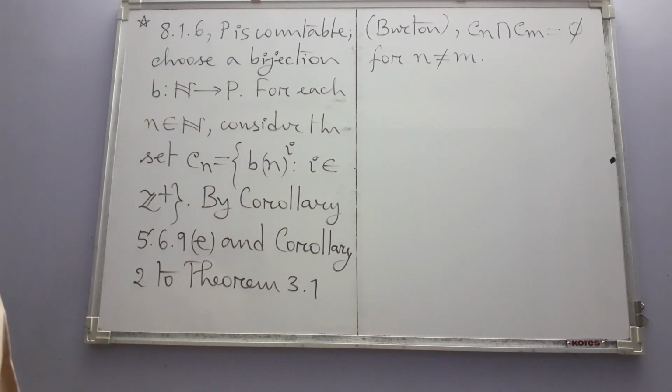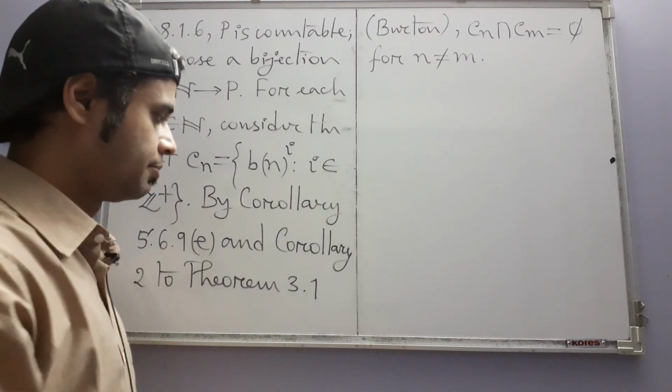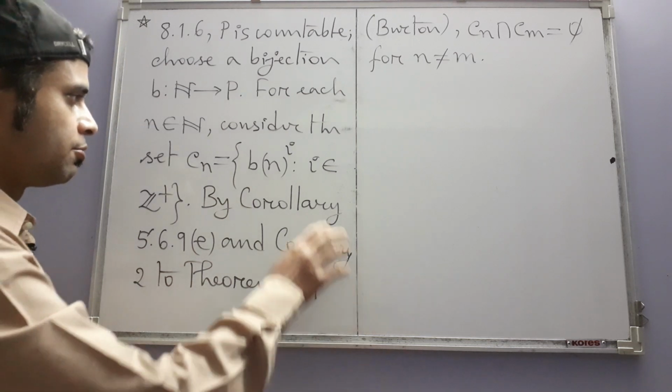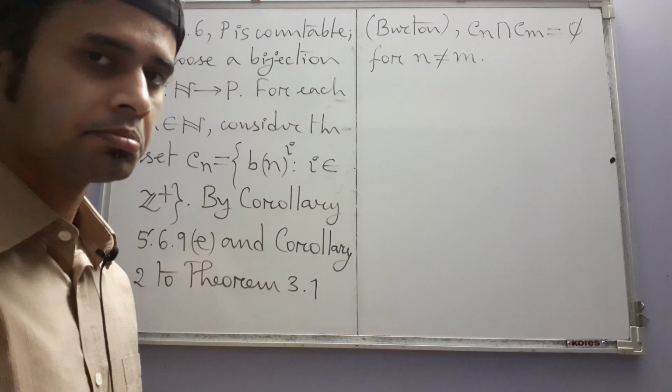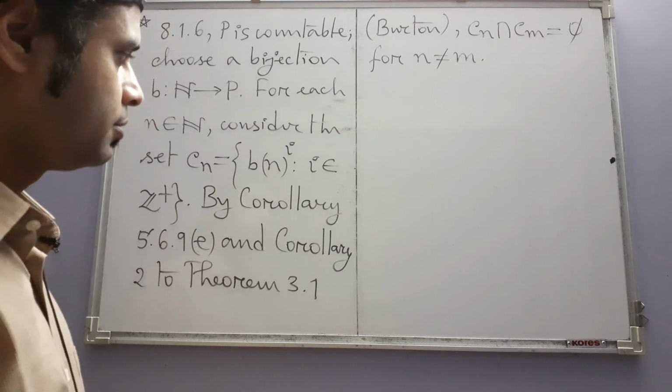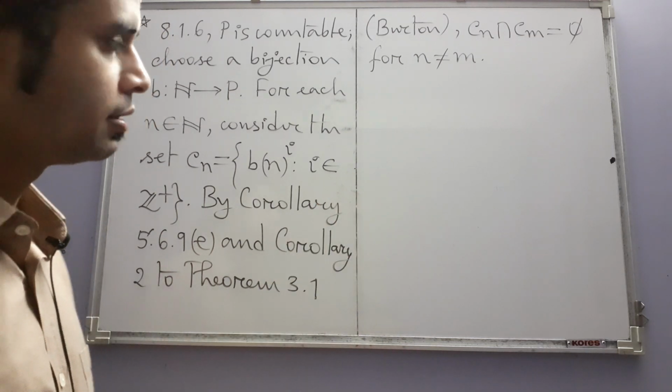At once it seems like something really difficult. However, once you note that what we have here are nothing but the prime powers, it becomes clear why they are disjoint.